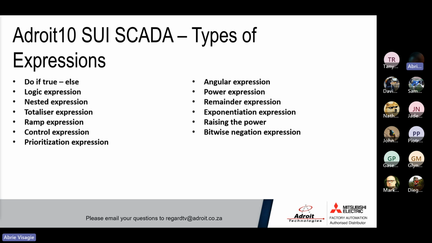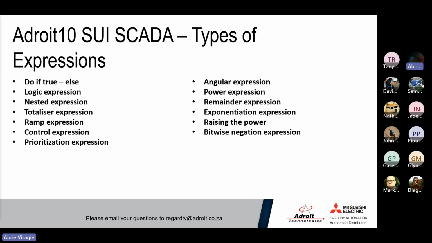So for the Adroit side of things, when we look at expressions, you can see there's a bunch of different things we can do. We have do if true or else functions, logical expressions, which are mainly for computer science, and ANDs, ORs, NORs, NOTs. We have nested expressions, totalizers, mathematical functions.